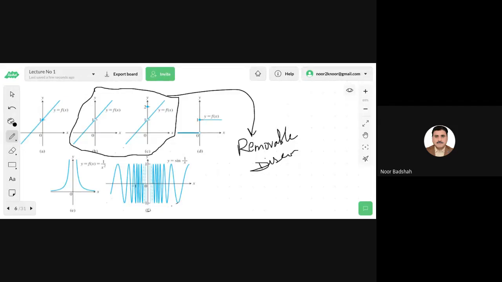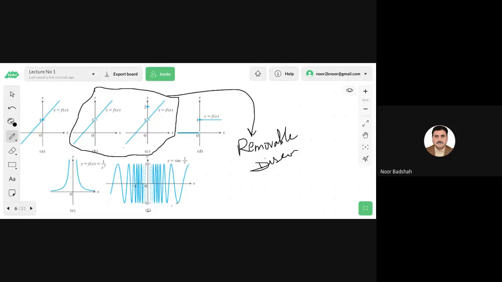Do you see a hole in part C? There is a hole, as I explained earlier. If a graph has a hole at a point, it will be discontinuous. It's a very simple thing.